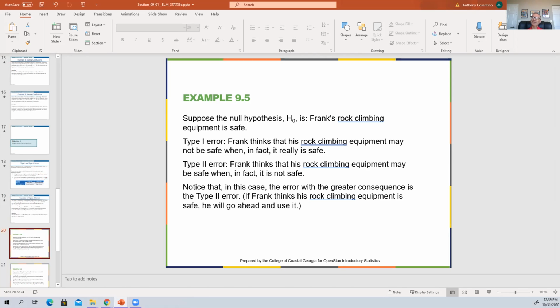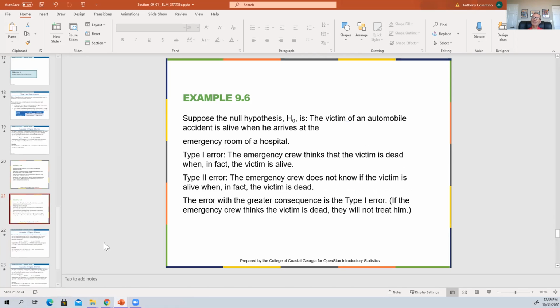And this one gave me a giggle in the previous book that I taught out of. Suppose the null hypothesis is the victim of an automobile accident is alive when they arrive at the emergency room of the hospital. So here's a type 1 error, which would be really bad: the emergency crew thinks the victim is dead when in fact he's alive.